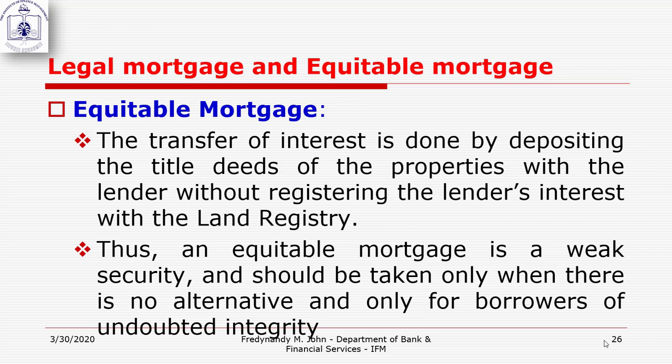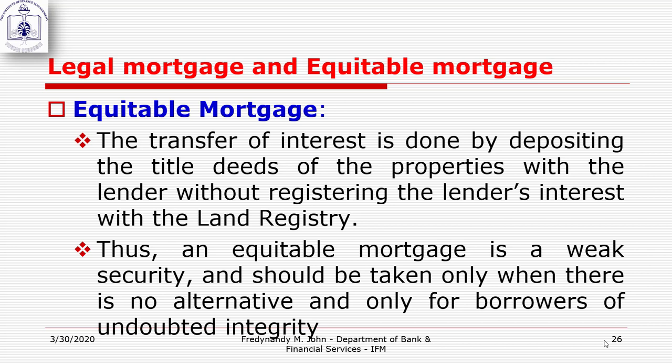The transfer of interest is done only by the borrower when he deposits the title deed, or the document of title of a certain property, to the lender. This is done without registering the lender's interest with the land registry. So you can see that with the legal mortgage, the title, the deposit, or the mortgage itself has to be registered, but with the equitable mortgage, this is not done.